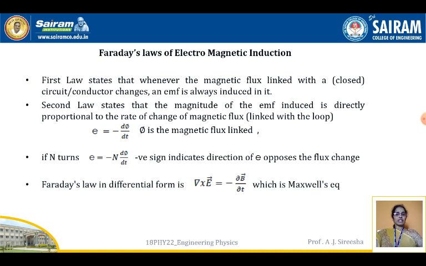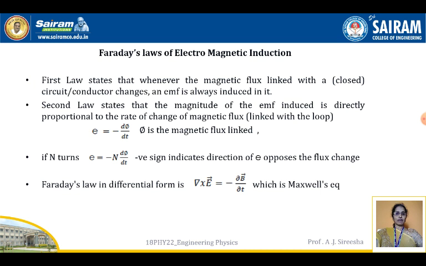That means whenever the magnetic flux linked with the coil changes, an induced EMF is developed in the closed circuit. The second law states that the magnitude of the induced EMF is directly proportional to the rate of change of magnetic flux linked with the loop.